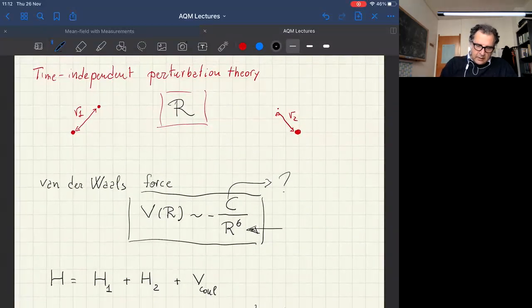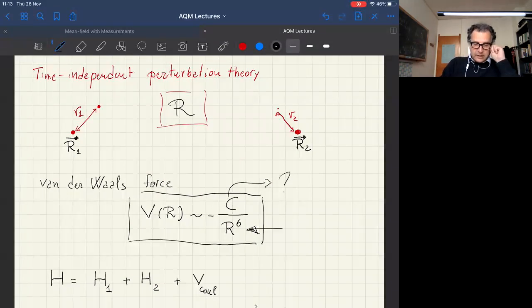I just call R1 the position of the first nucleus, R2 the second. You have some reference frame, which is not important to specify now, but depending on this reference frame, R1 and R2 are the coordinates of the 2 nuclei.